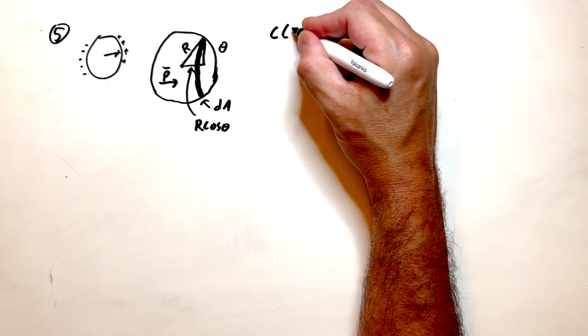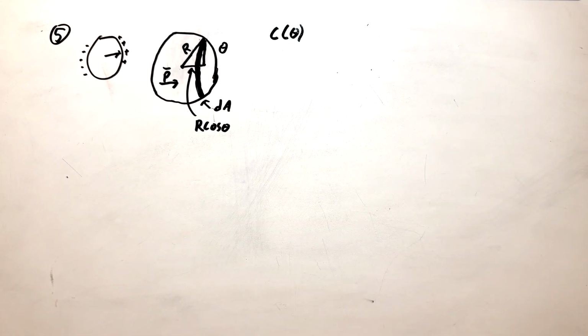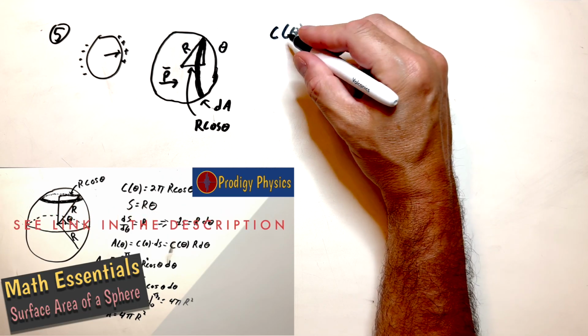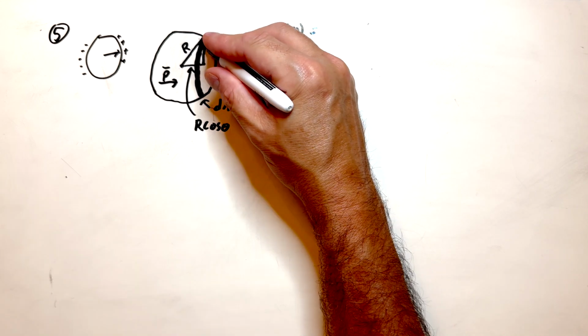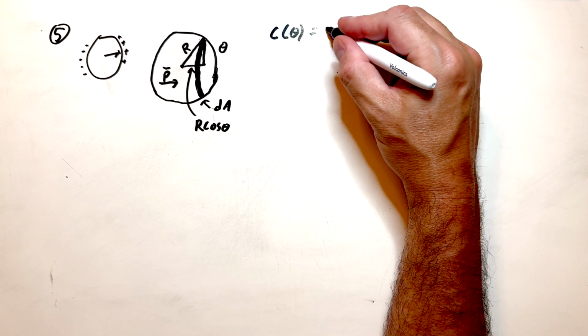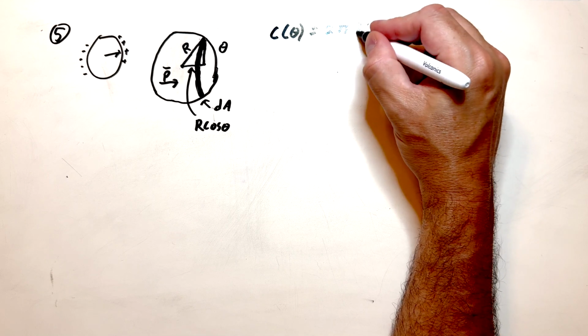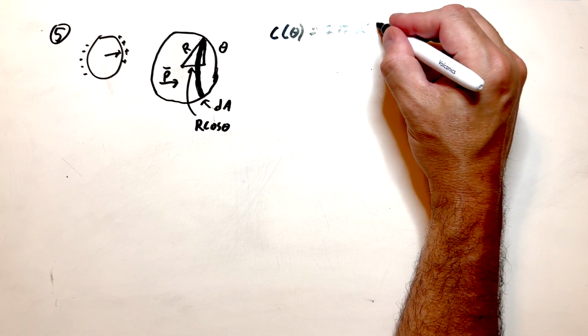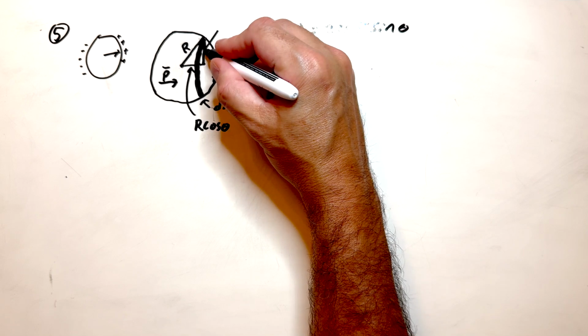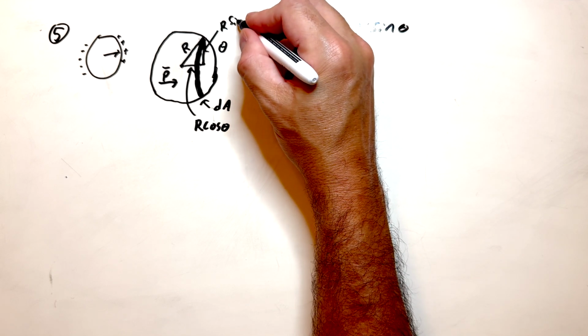I made a video that derived the surface area of a sphere, and this is very similar to that. So this is like a circumference. It's the circumference of this band as a function of theta, and it's going to be 2 pi r sine theta, because you can see this is r sine theta.